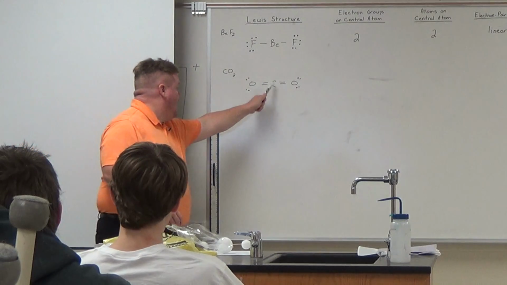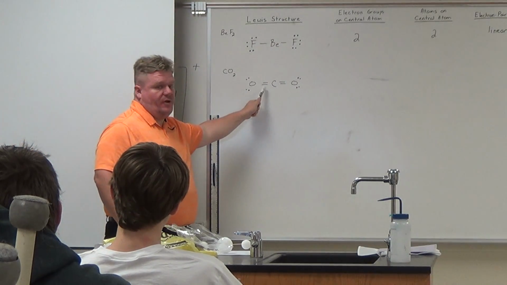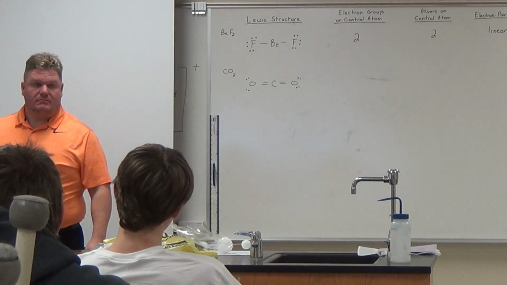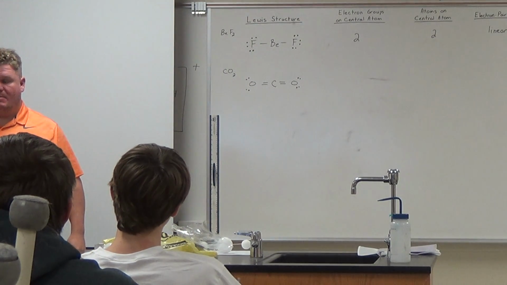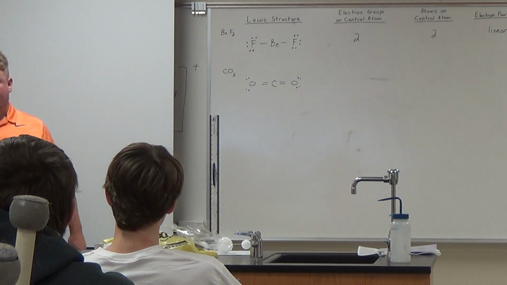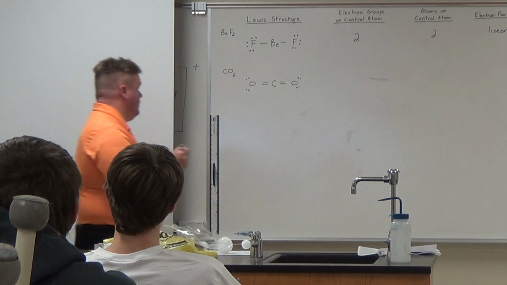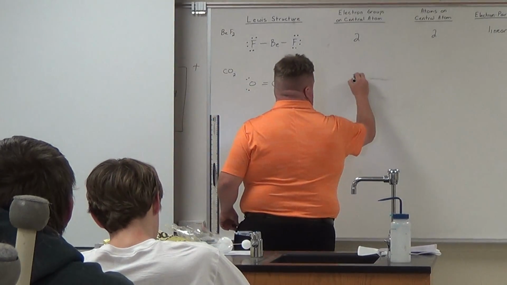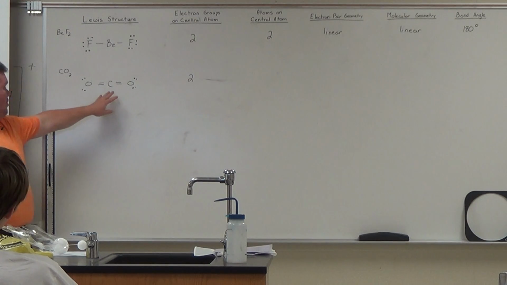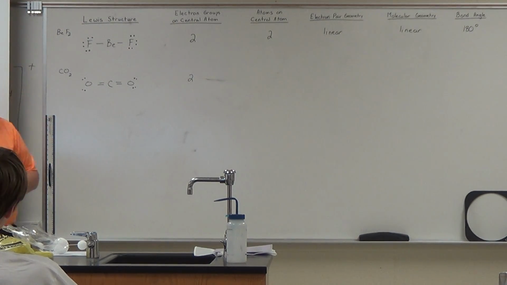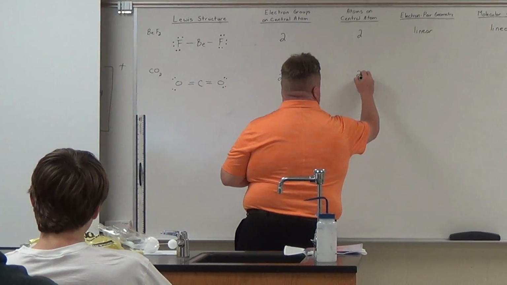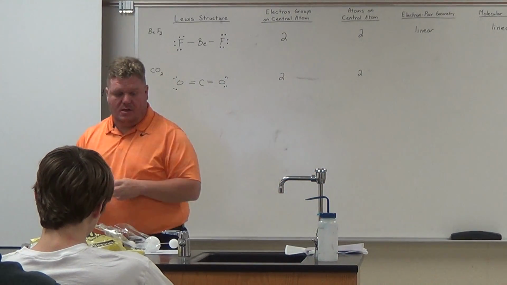This double bond here is still one group. So how many groups of electrons are on the central atom? Brian? Two. Yes, that is 4 pairs total, but it's 2 groups, because each double bond is still just one group.